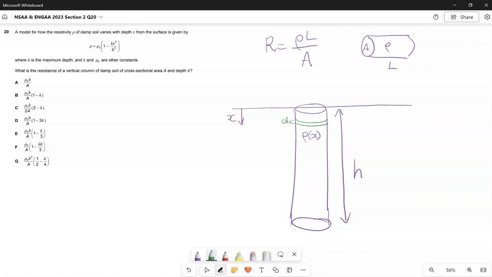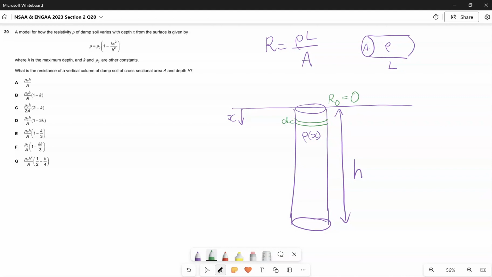So if we started from the top, let's say we had an R naught there, some resistance from above. This is going to be 0, so I'm just putting this formally, that R naught is equal to 0. Any changes in resistance will be due to the extra resistance gained from these bits of soil.